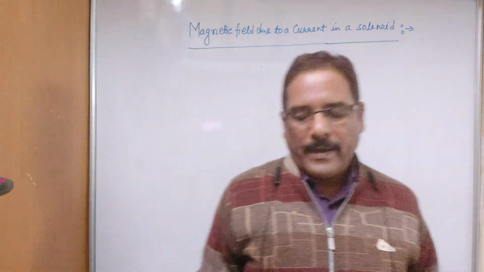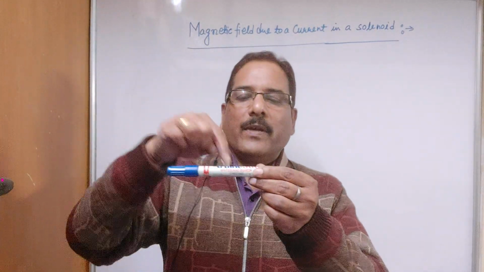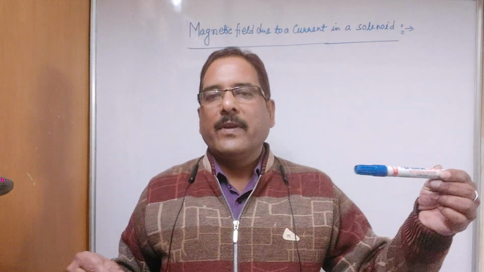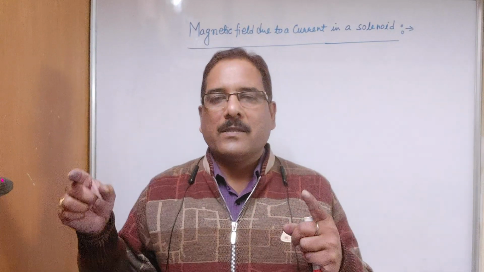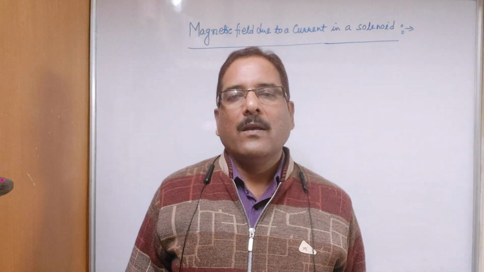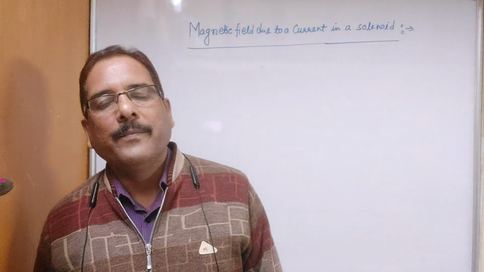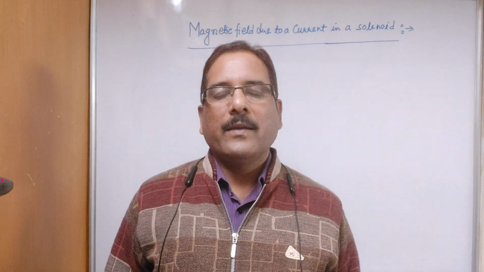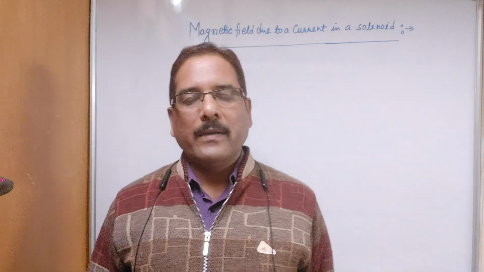To make a solenoid, suppose there is a cylindrical roll and we wrap a wire around it, and then we take out this cylinder, so you will get a spring-like structure. That spring-like structure is a solenoid. When you pass current through it, that is, if you connect it to a battery, a strong magnetic field is produced, and the magnetic field produced by a solenoid is similar to that of a bar magnet.